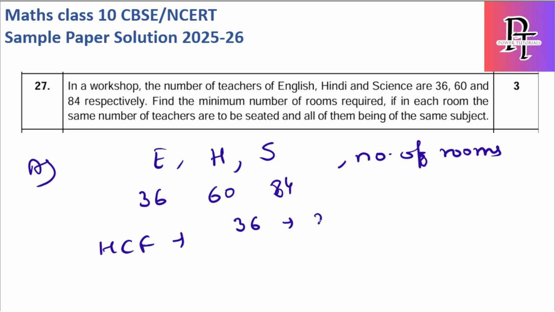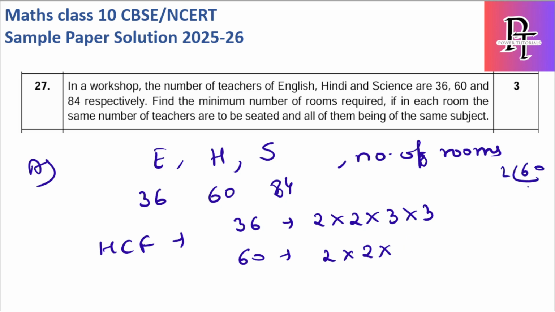36, I will write it as 2 into 2 into 3 into 3, since 12 3s are 36. For 60, it is 2 into 30, 2 into 15, so it is 2 into 2 into 3 into 5.